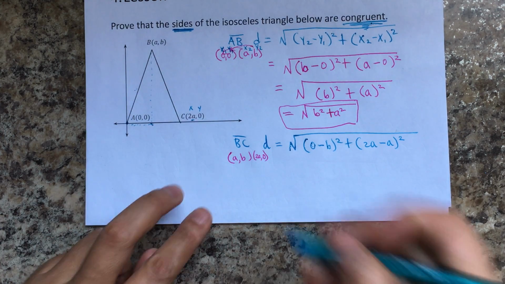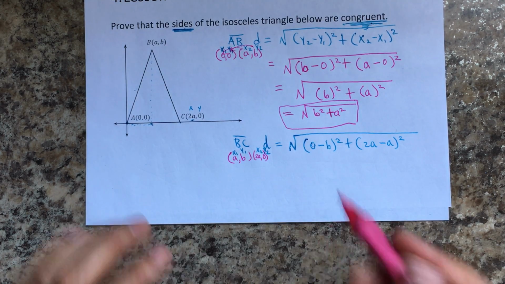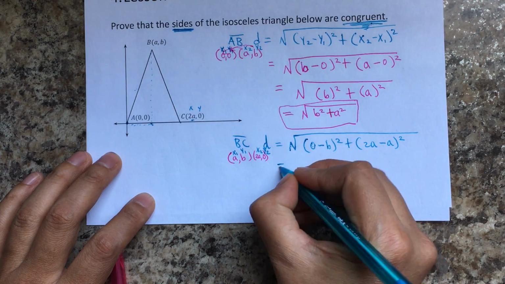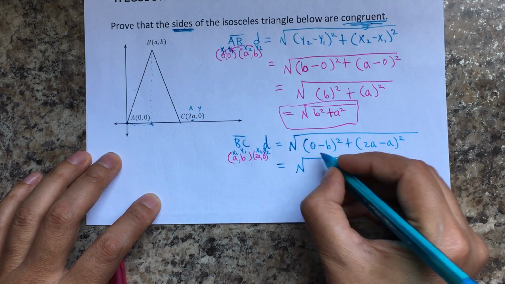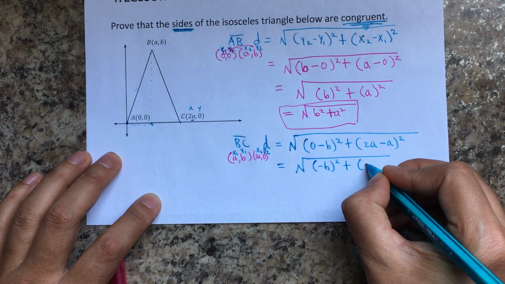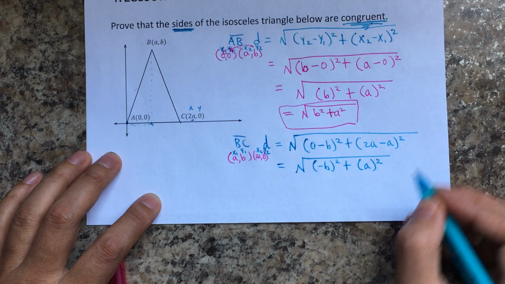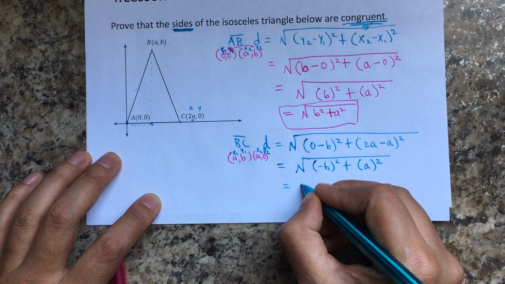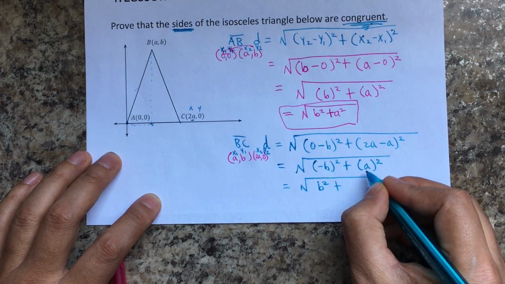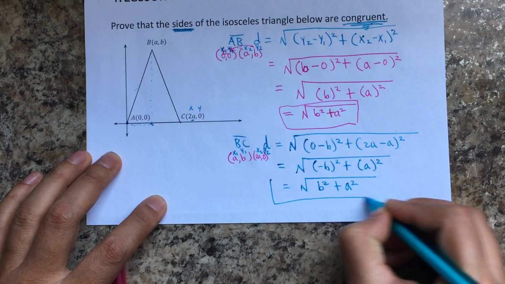If you get confused, you might want to label them x1, y1, x2, y2, so you know where each one goes. 0 minus b is negative b, squared, and 2a minus a is a, squared. Negative b times negative b is positive b squared, and a times a is a squared. You can see that those two sides are congruent.